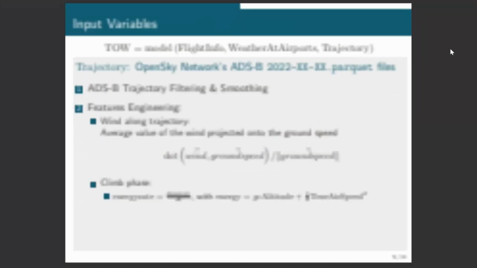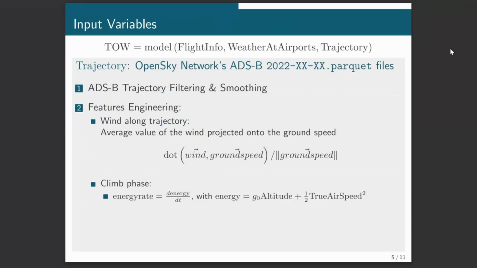Then we extract features from the climb phase. So we have classical features like the rate of climb, the true speed, and so on. And we have two special features. So the first special feature is the energy rate here, which is the variation of energy. The energy here is actually an energy by kilogram.